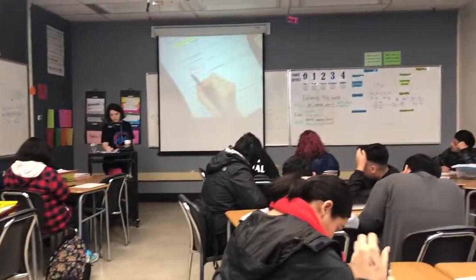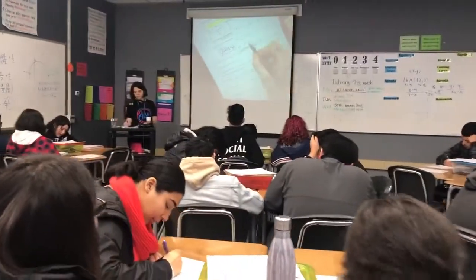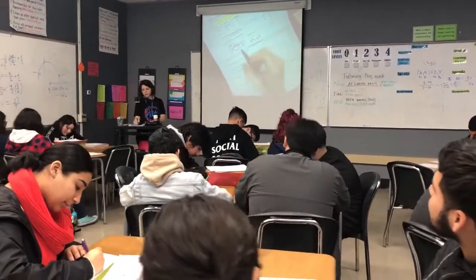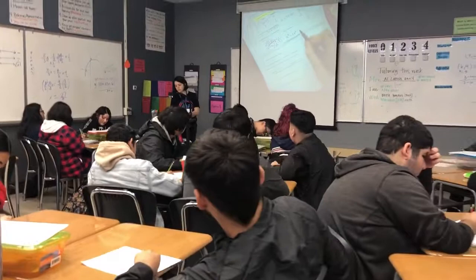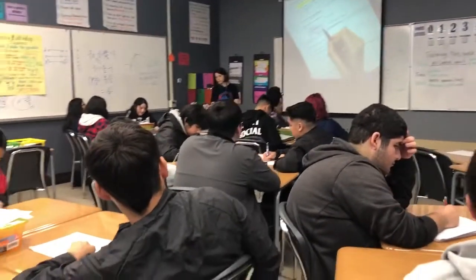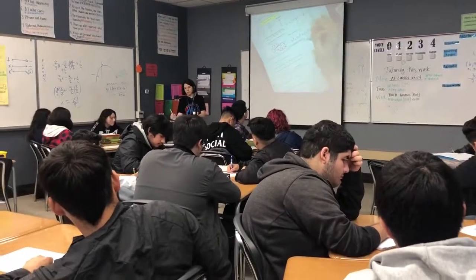So I'm going to go again. What's x squared times x? X cubed. X squared times 3. 3x squared. 3x times x. 3x squared. And then 3x times 3. 9x. Okay, I'm going to combine like terms. What like terms do I have?